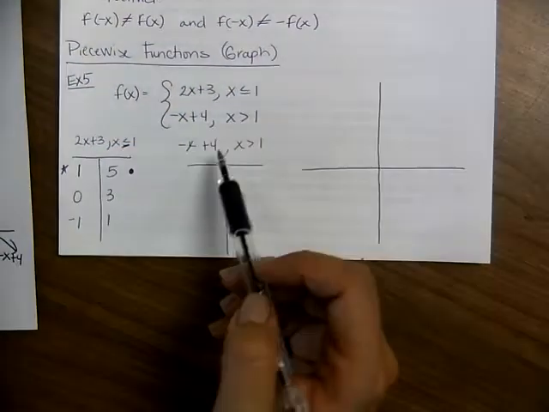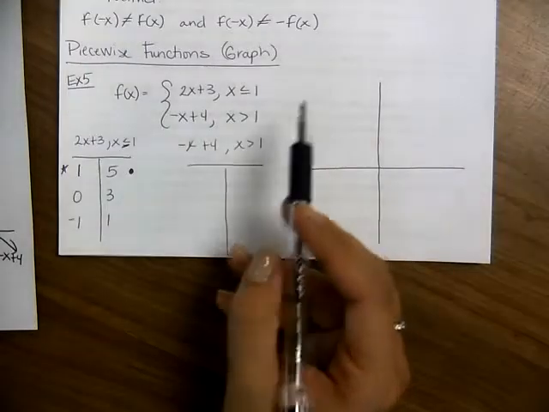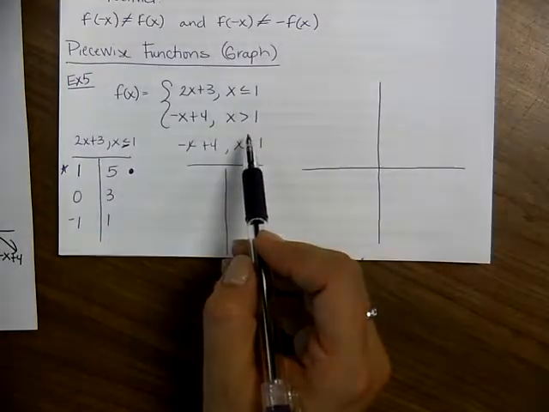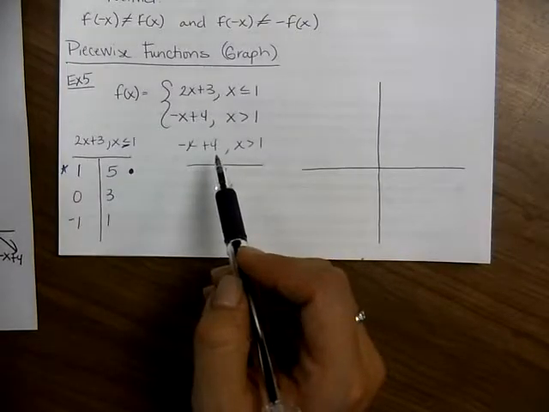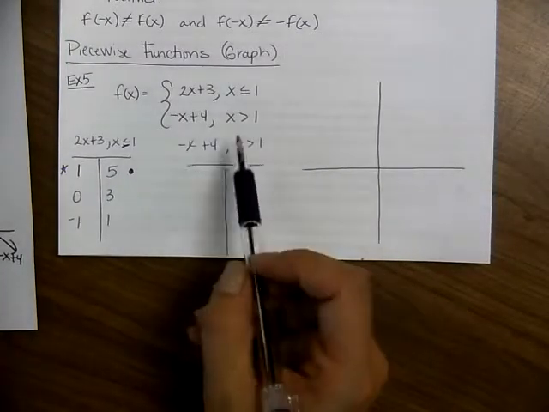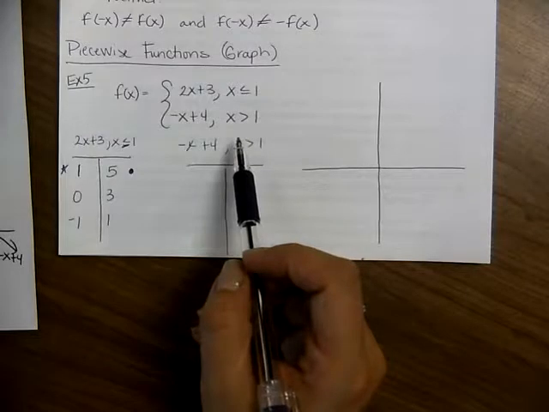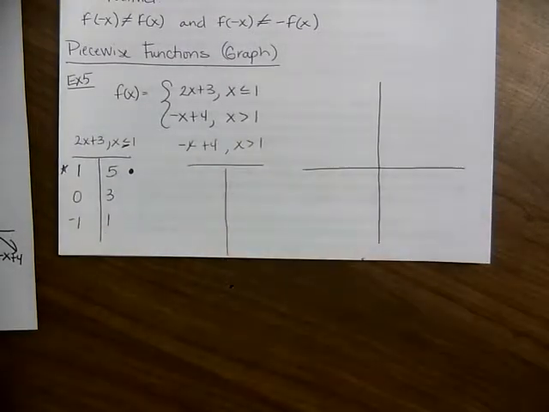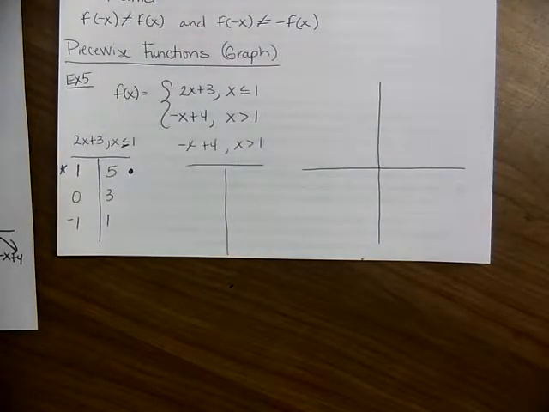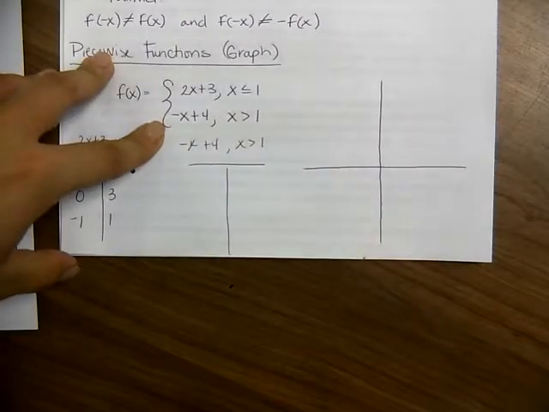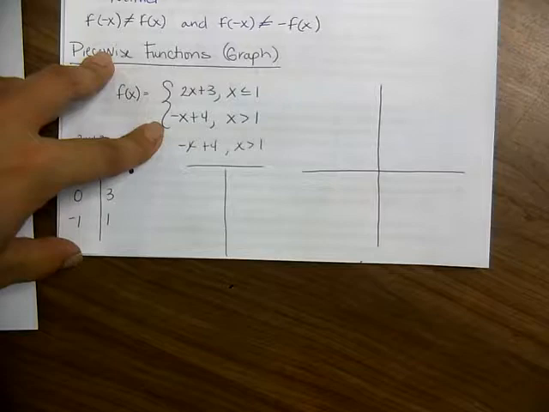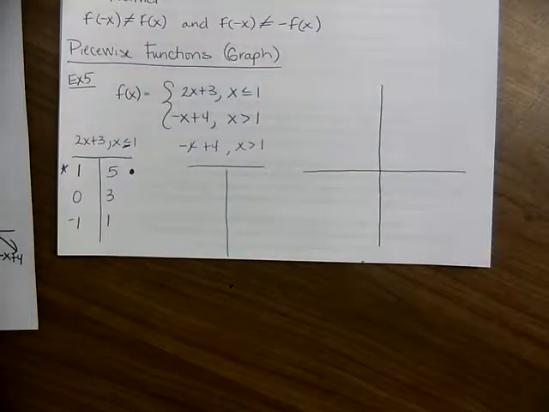Now, for the next graph, even though this domain has to be greater than 1, I still have to put 1 on the table. But how do I let the reader know that you cannot have 1 as an option here? Just that open circle. So even though it's not defined in the domain, it still has to go on there because I have to see that gap between these, or maybe that they join at the same point.